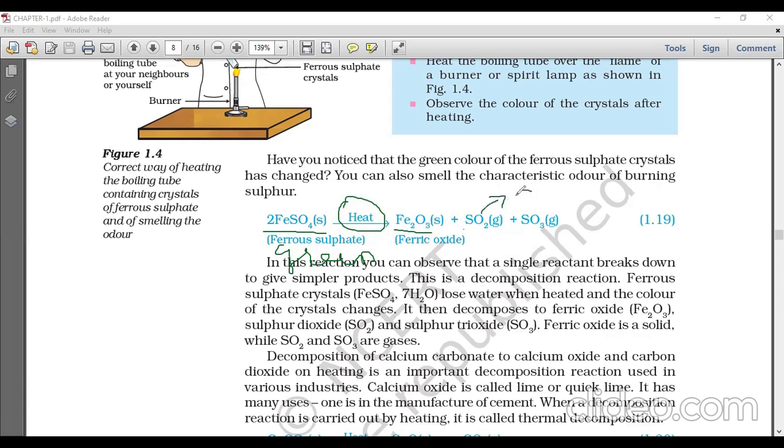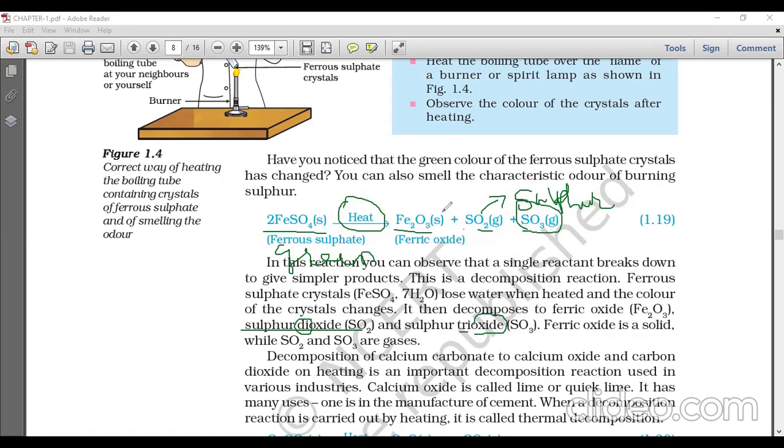Di means two, so sulfur dioxide means two oxygen atoms are present. And then plus sulfur trioxide. Tri means three, so three oxygen atoms are present. This is what comes in the reaction.